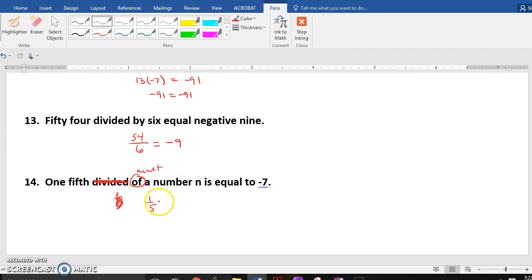And number n, so 1/5 of n is equal to negative 7. So again, how do we solve this? This is the one where we multiply by the denominator. Those eliminate. I'm left with 1n equals negative 35. And 1n is all we have to get to. So n is equal to negative 35.